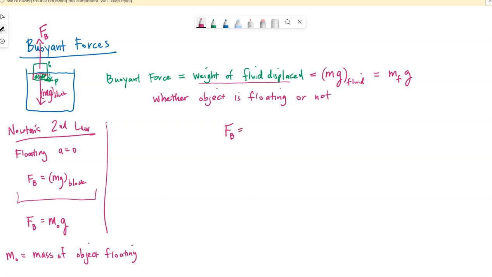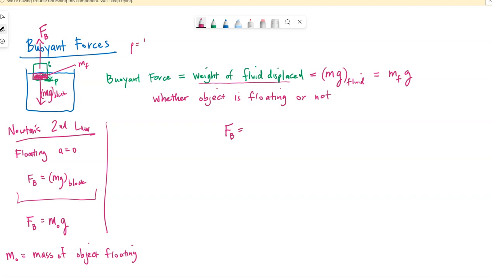Coming back to my picture, I essentially need to know the mass of that much water, or whatever fluid it happens to be. It doesn't even have to be water. I need the mass of that portion. Now, we don't typically talk about the mass of our fluids. We talk about density.